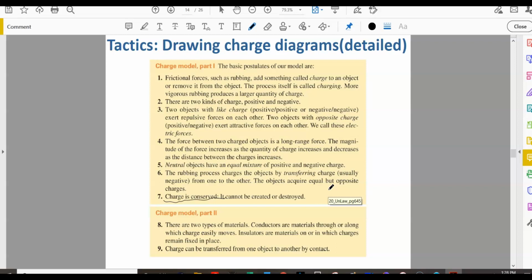Okay, none of them disappeared. So you have to be a good accountant when you're trying to follow a problem and look at the relation and make sure you account for all the electrons that are ebbing and flowing from one object to another.